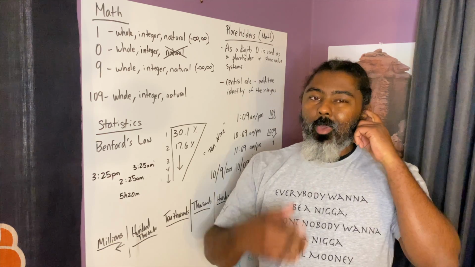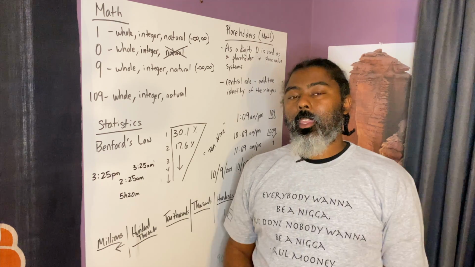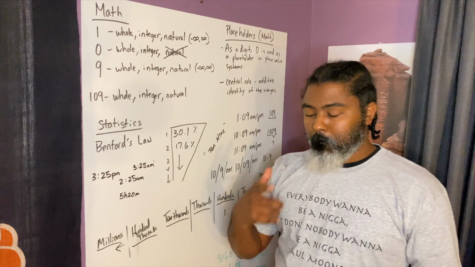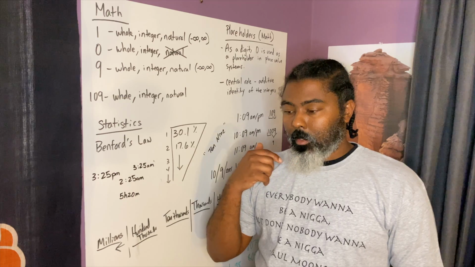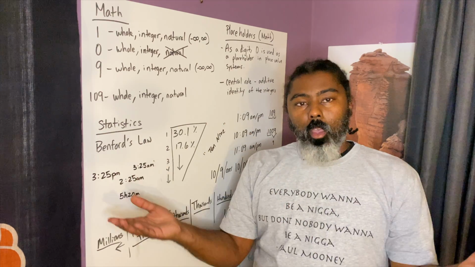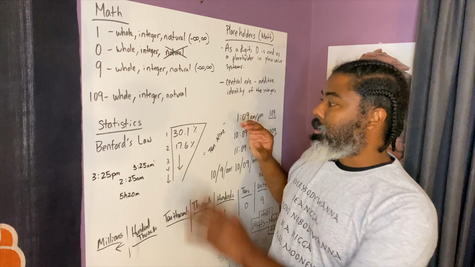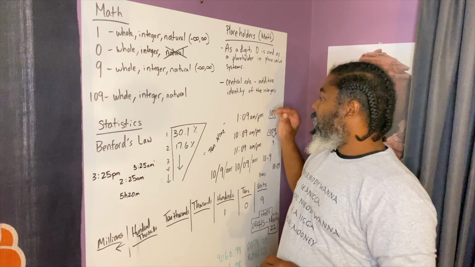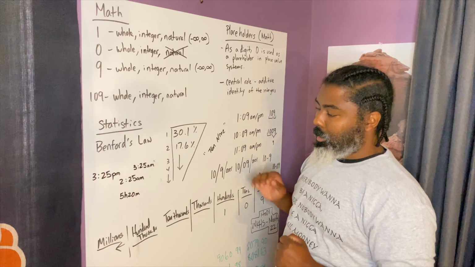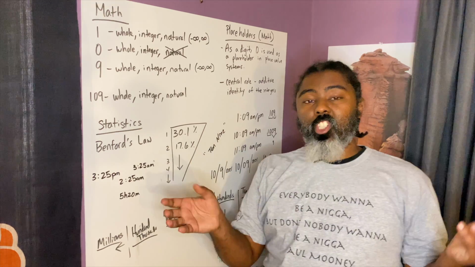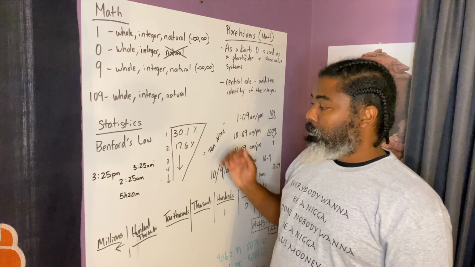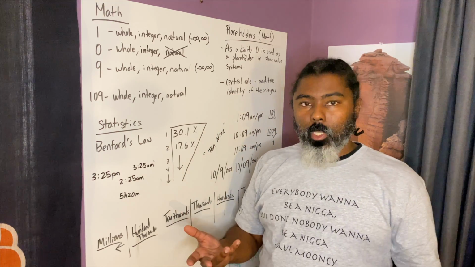Oh, wait, before I end this video, I can't end this video without explaining that there are other schools of thought. We got into the math, the statistics, we talked about time and dates and the conventions that we use to describe these numbers when we see them.